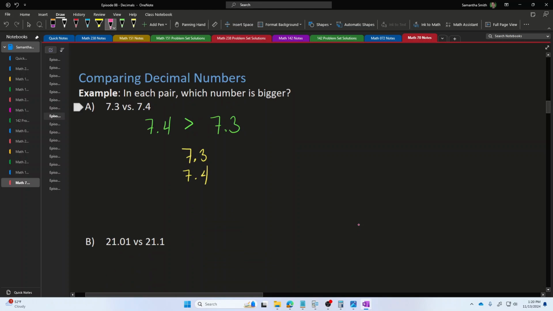Now, in this first position, the two digits match. If I move one space to the right from that, the digit in the tenths position, 4, is the larger value. So because this number had the larger value in the tenths position, 7.4 was the largest number overall.